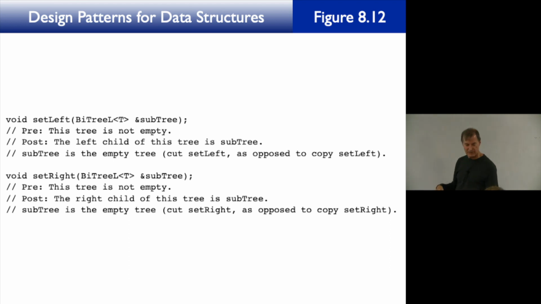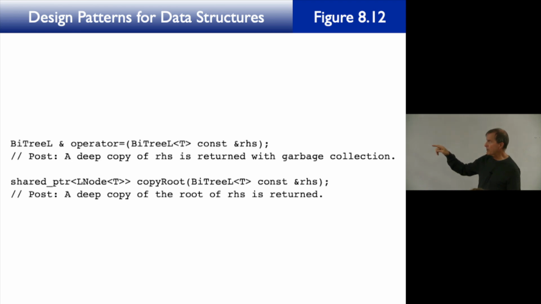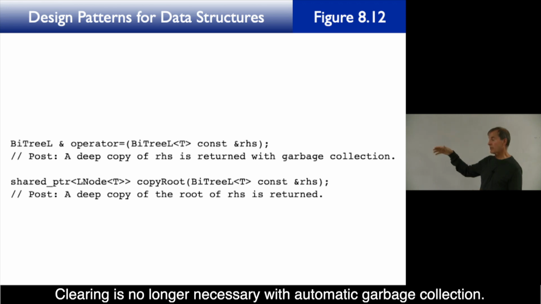And similarly for set right. All right? And then for the rest of the figure, we have operator gets, and that's the assignment operator. As we did with the list, a deep copy of the right-hand side is returned with garbage collection. So it has to clear off the left-hand side.